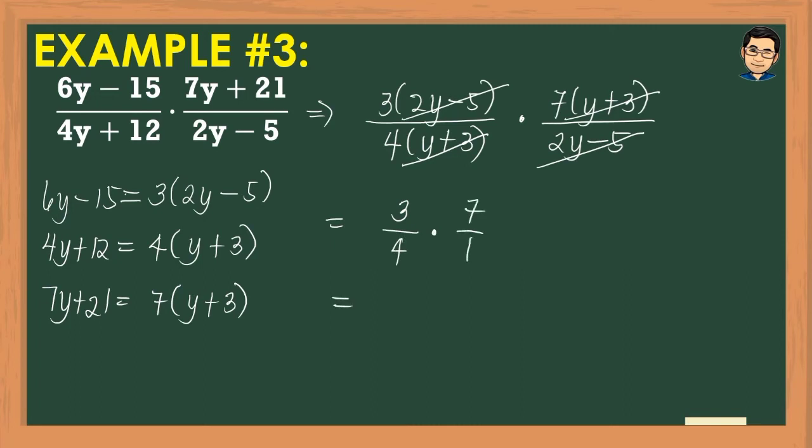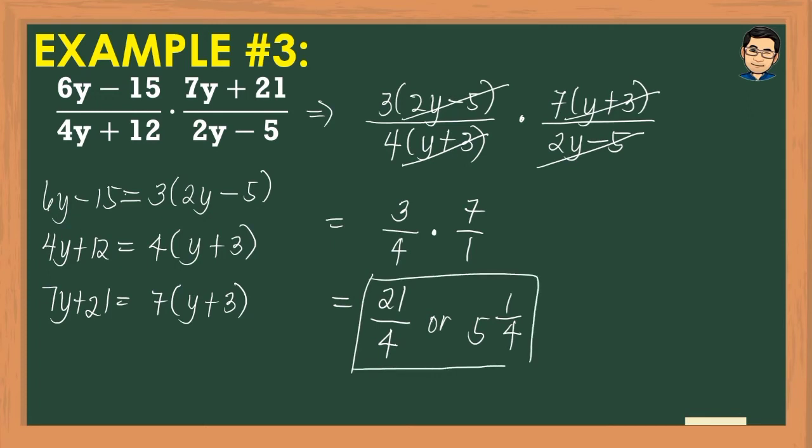So, 3 times 7, that is 21, all over 4 times 1, that is 4. So our final answer will be 21 over 4, or we can convert it into mixed number. So that is 5 and 1/4. So this will be our final answer.